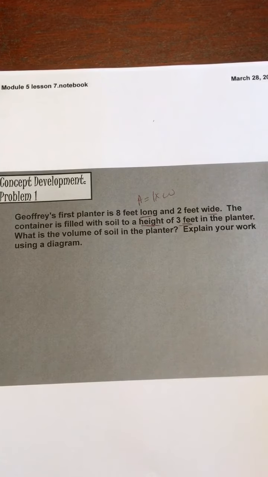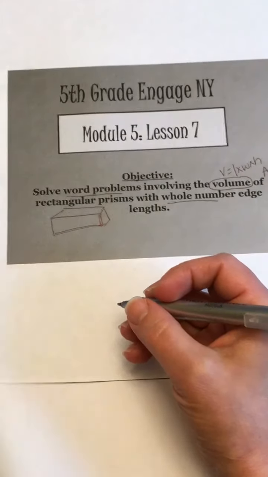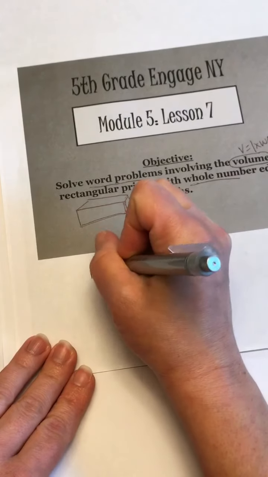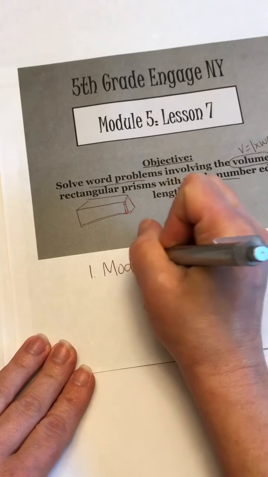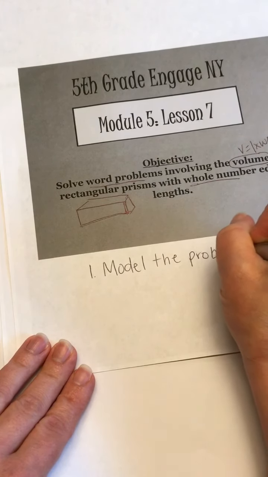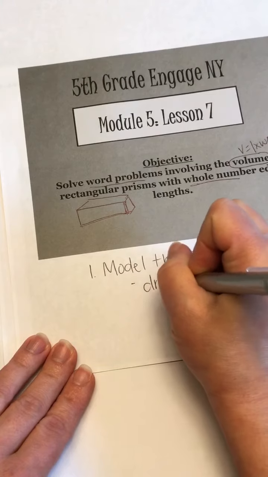Okay, so I'm going to give you a couple of strategies today. The first strategy that I'm going to give you is that we're going to model the problem. Maybe for you that means draw.